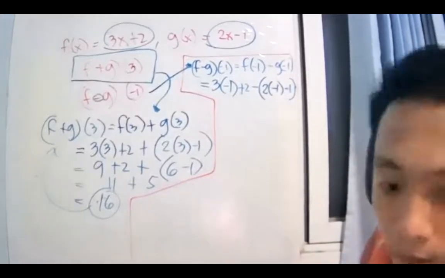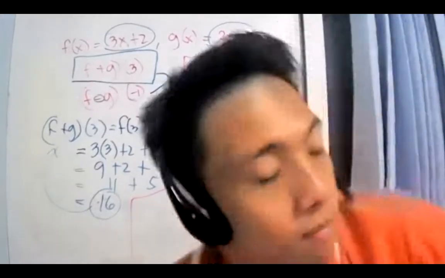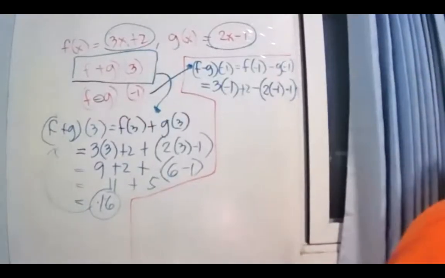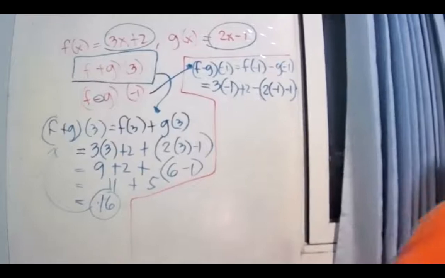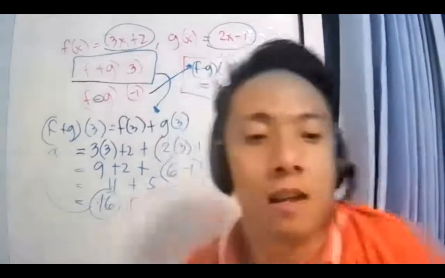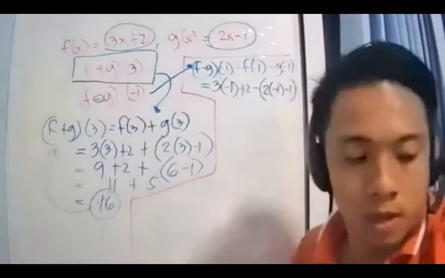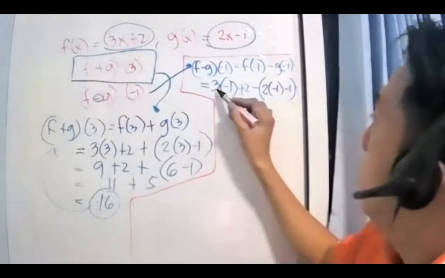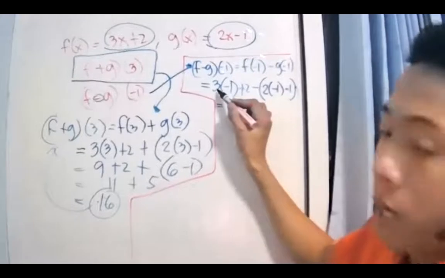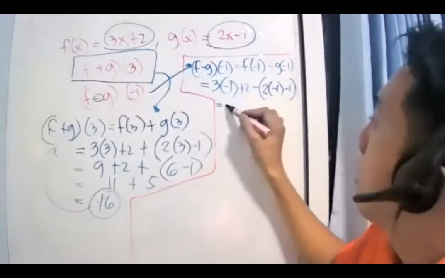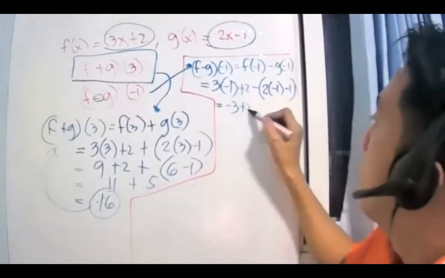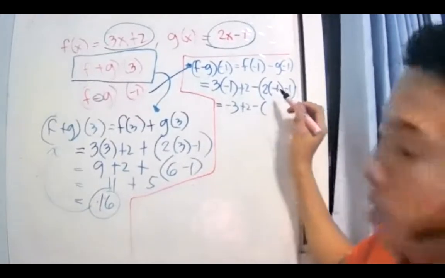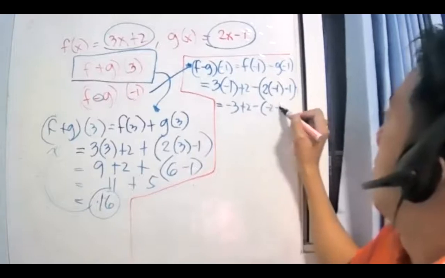Okay? Pinost ko lang yung aking window. Okay, and then we will now multiply them. 3 times negative 1, that's negative 3, plus 2, minus is still here. 2 times negative 1 is negative 2, minus 1.